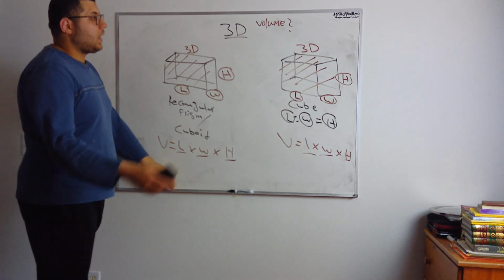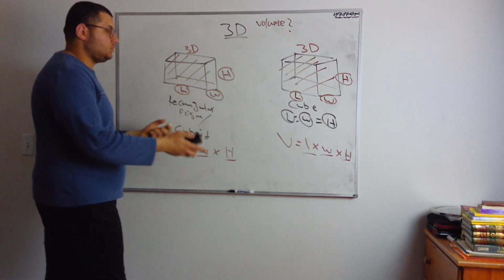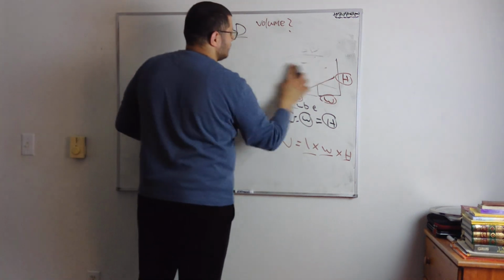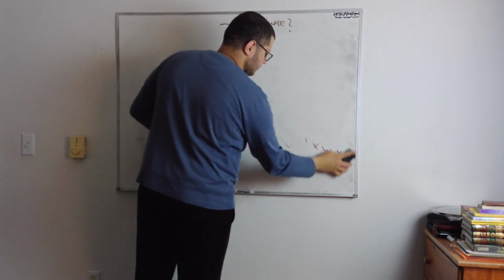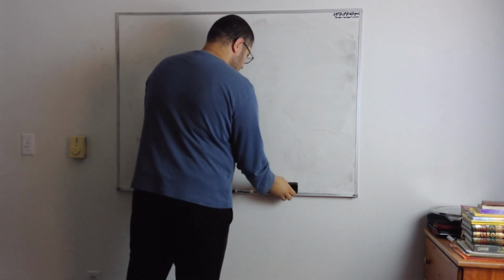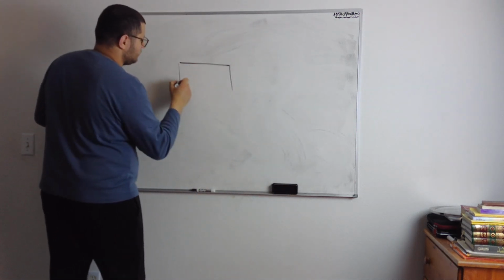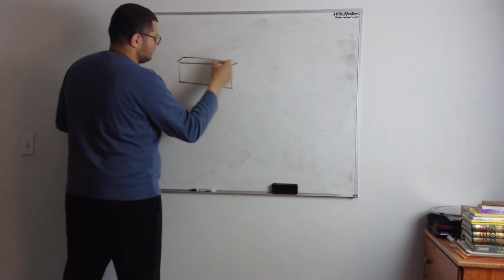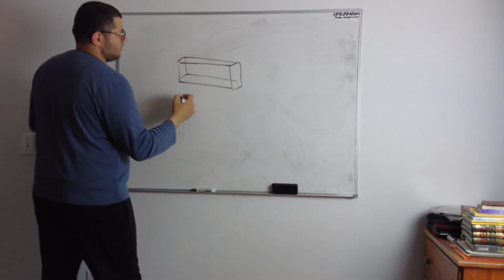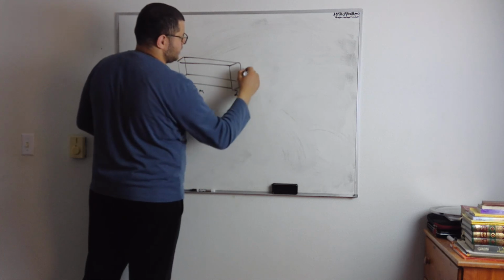Now that we know how to determine the volume for rectangular prisms and cubes, let's take that into action. You have a rectangular prism, and let's say the length is 6 meters, the width is 2 meters, the height is 4 meters.